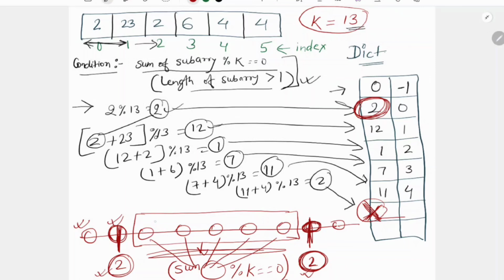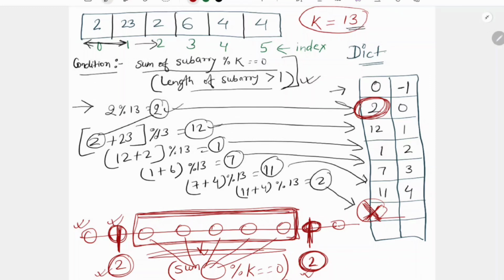So we got a continuous subarray whose sum is perfectly divisible by k. This is the trick we applied here.